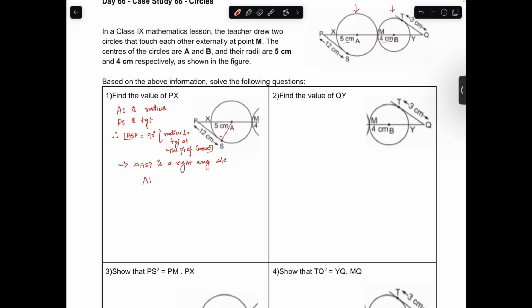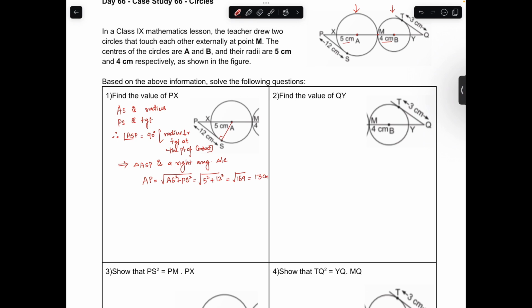By Pythagoras theorem, AP is equal to square root of AS square plus PS square, which is equal to square root of 5 square plus PS is 12. So 12 square, which gives us root 169, that is 13 centimeter.